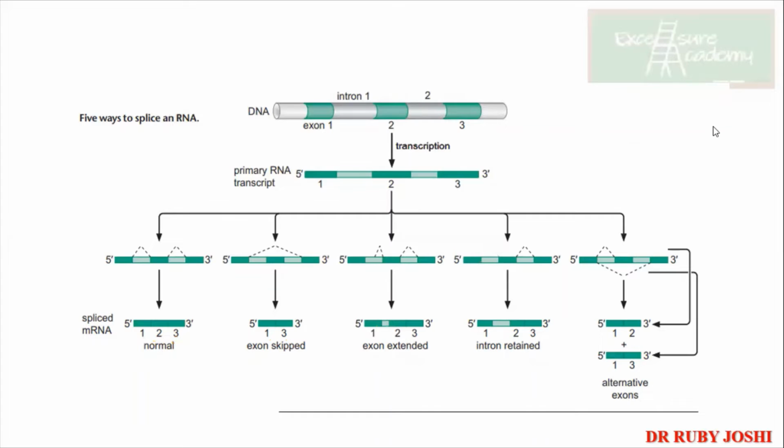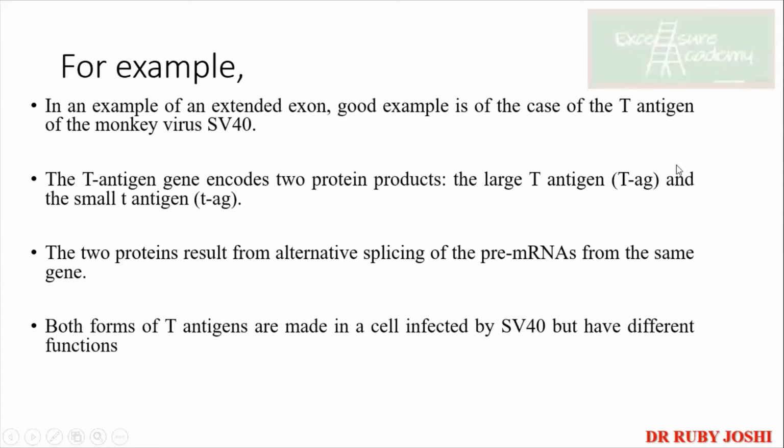So we have got one example also. The example is of the Simian virus 40. It has capital T antigen and small t antigen. These are the two main antigens encoded by this virus. The two proteins result from the alternative splicing of the pre-mRNAs from the same gene.